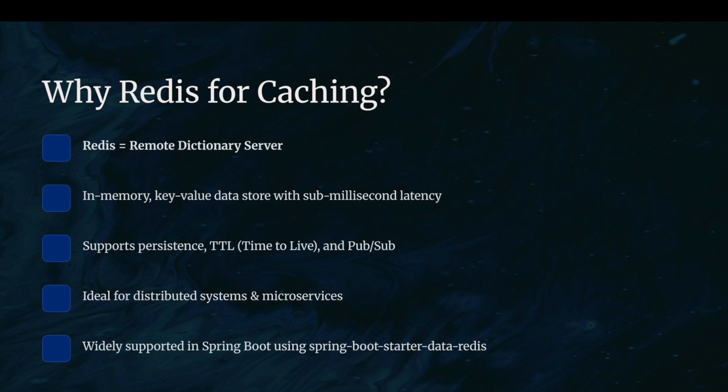And it is widely supported in Spring Boot using Spring Boot Starter Data Redis. Because of this, it becomes very important when we talk about any caching mechanism in a distributed system.